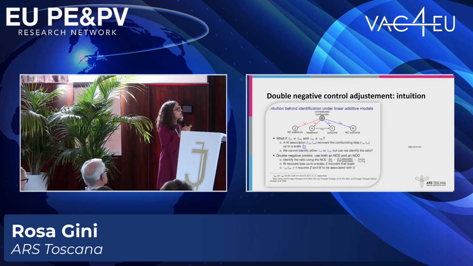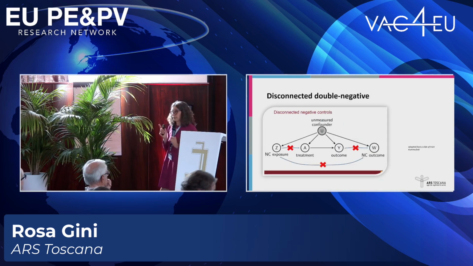The intuition is basically that using one of those associations recovers the confounding bias up to a scale, and using the other, you can recover the scale. It's of course sophisticated, but it's not dramatically sophisticated. You go through it and it makes sense.